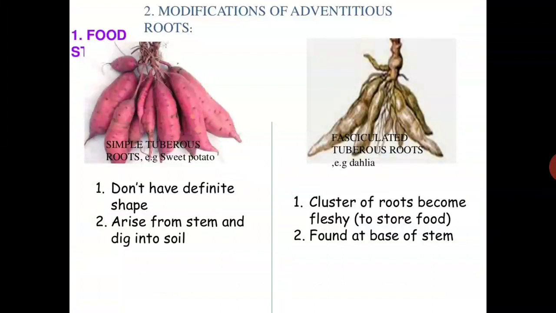One plant, you can see, is sweet potato and another is the groundnut. So the cluster of roots becomes fleshy in the adventitious root system modification. This is the modification of the adventitious root system, which becomes fleshy to store food, found at the base of the stem.